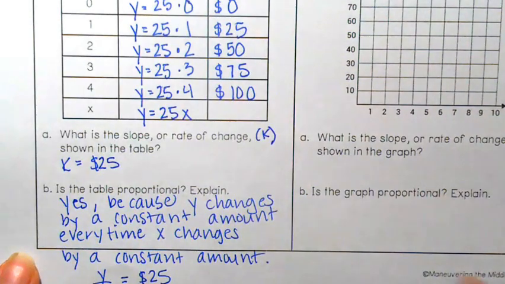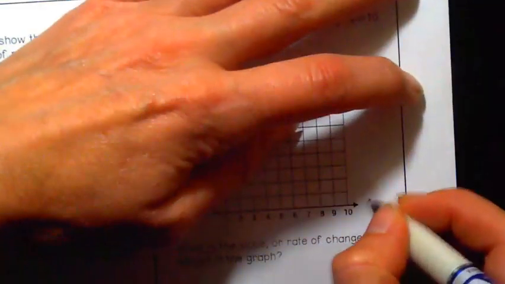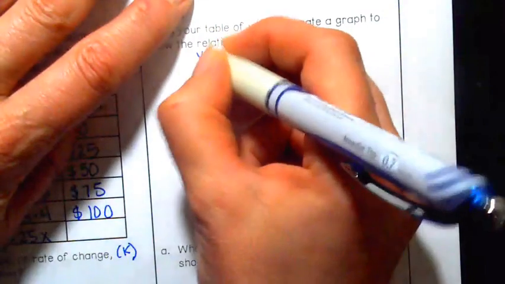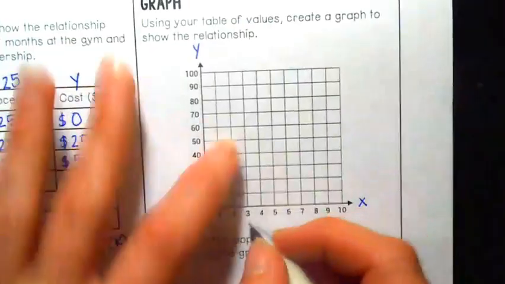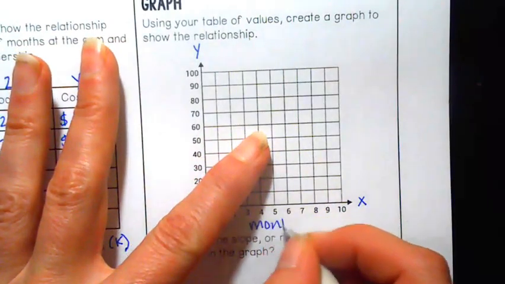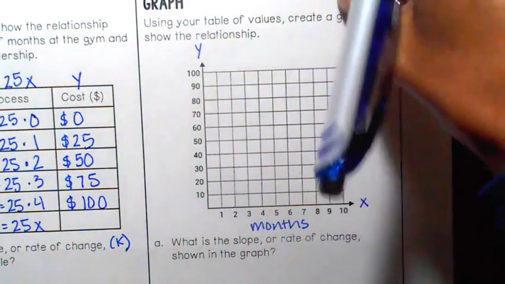So now we're going to take a look at what this looks like on a graph. X always goes back and forth, and y goes up and down. I'm going to label my x's: months. That's how many months that Hillary had the gym membership.